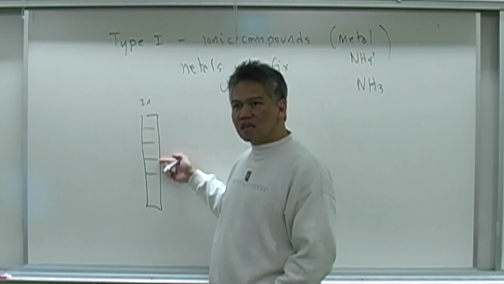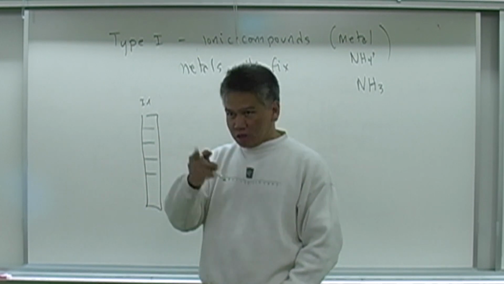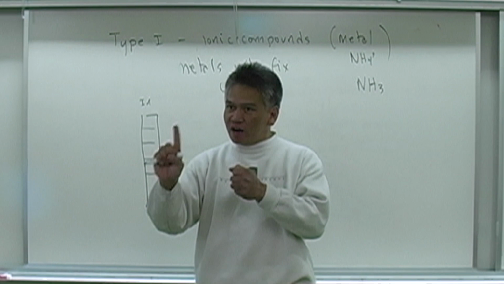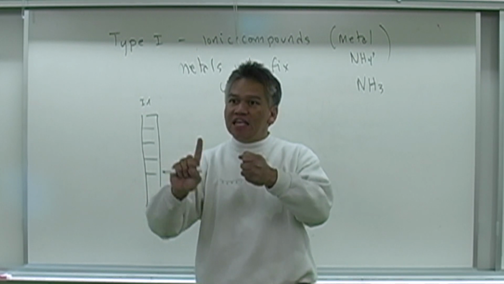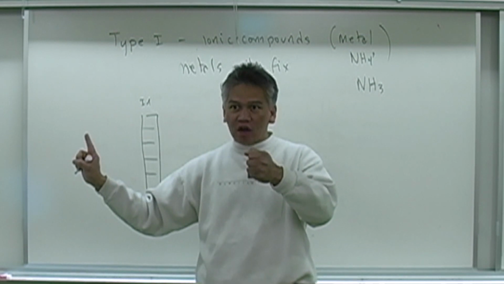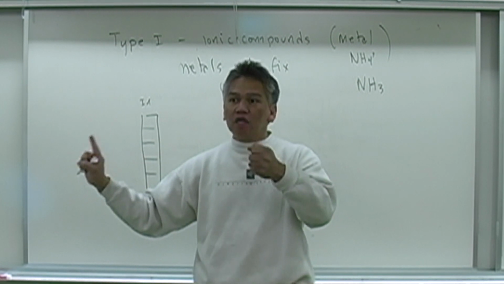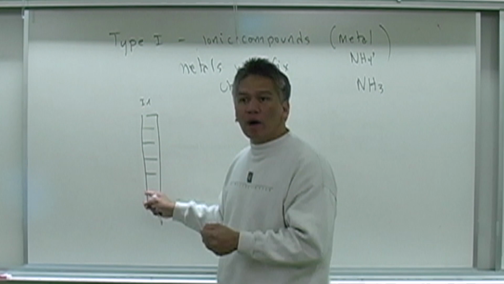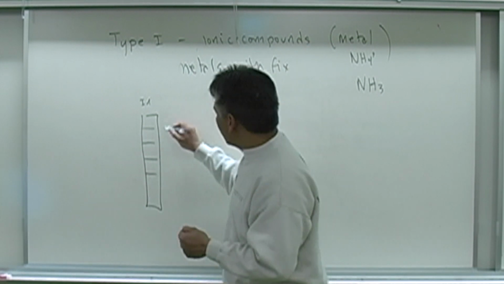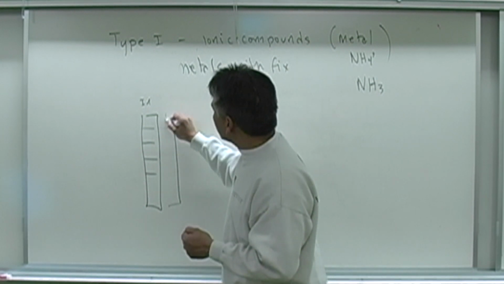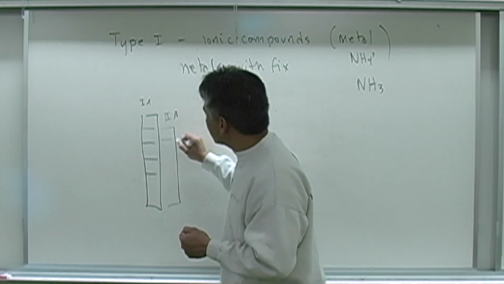Sodium, lithium, potassium? Plus 1, exactly. Because they have one valence electron, and it's easy for them to get rid of that one valence electron to get an octet or a noble gas electron configuration. So they're all plus 1. 1A is always plus 1. Elements in 2A are always what? Plus 2, exactly.